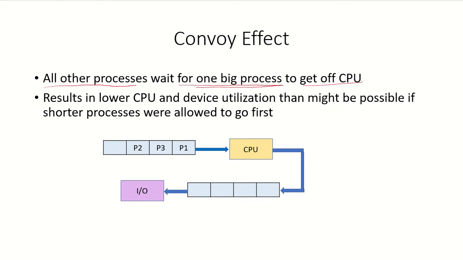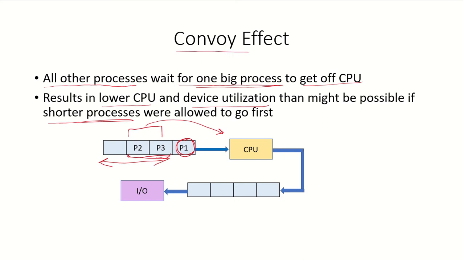Since FCFS is a non-preemptive algorithm, till the time P1 is finished, all the processes will be waiting in the ready queue. So this results in lower CPU and device utilization than might be possible if shorter processes were allowed to go first. If the shorter processes were allowed to go first, then the wait time in the ready queue would decrease.